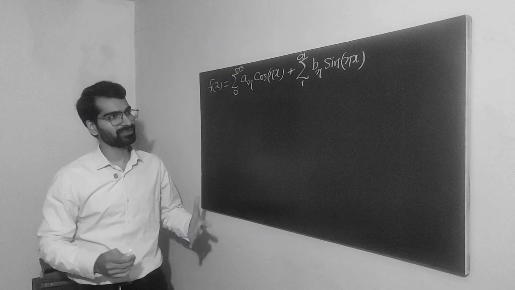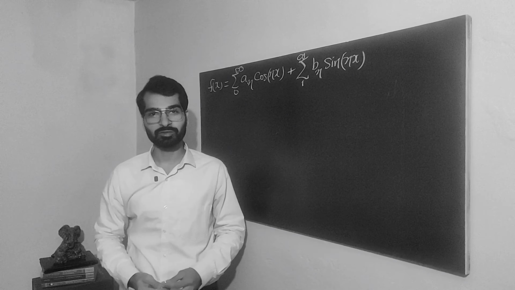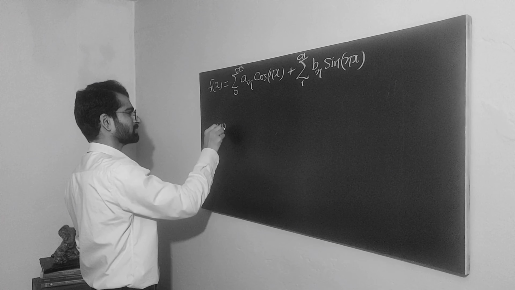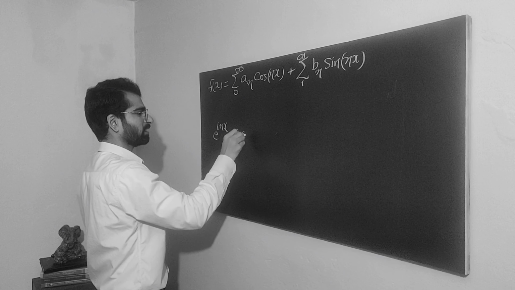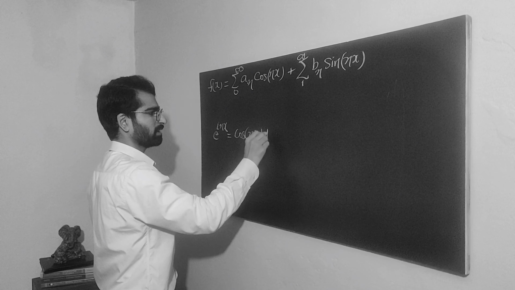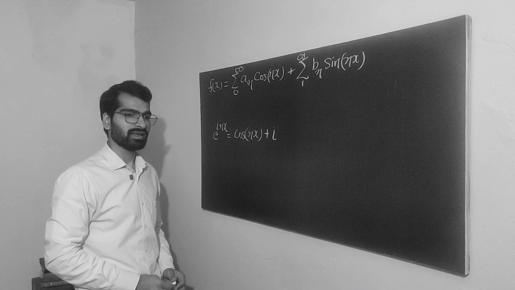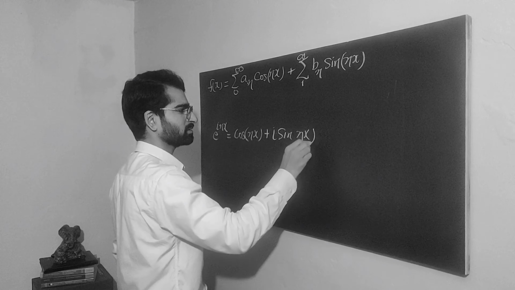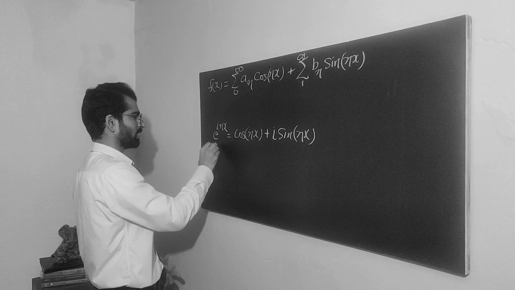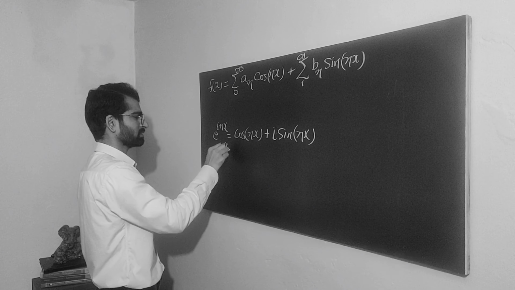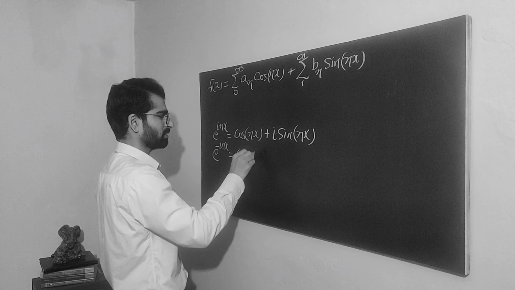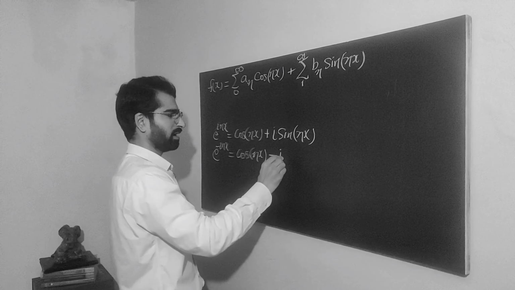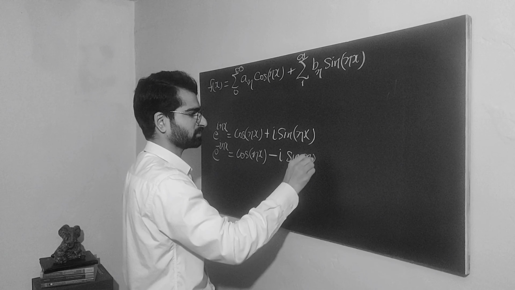And now Euler is going to help us. Euler's formula: e to the i n x equals cosine of n x plus i, where i is square root of minus 1, times sine of n x, and we have another one with the minus sign, e to the minus i n x. It's going to be exactly the same, but now we have here negative sign, i times sine of n x.